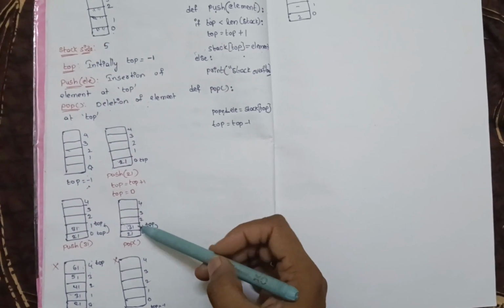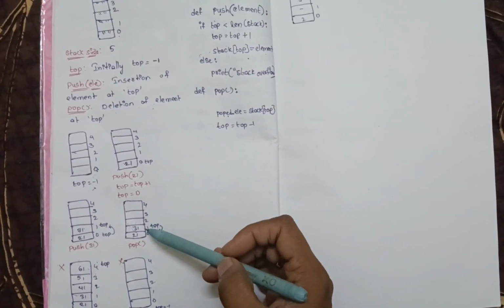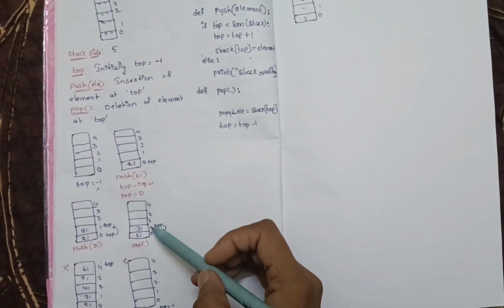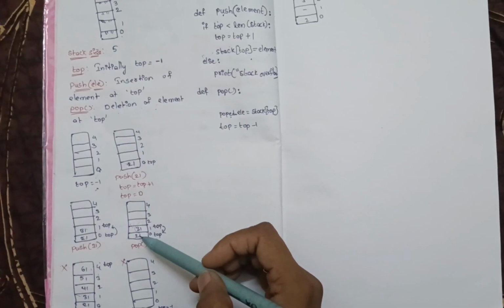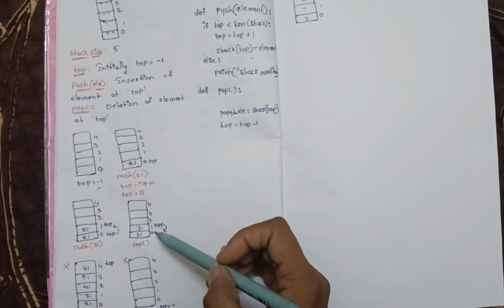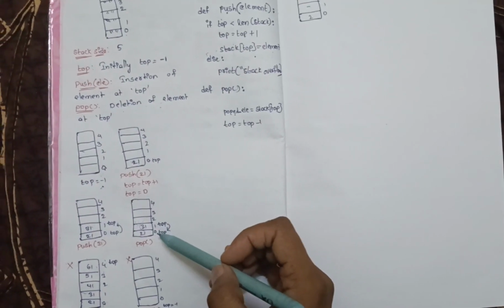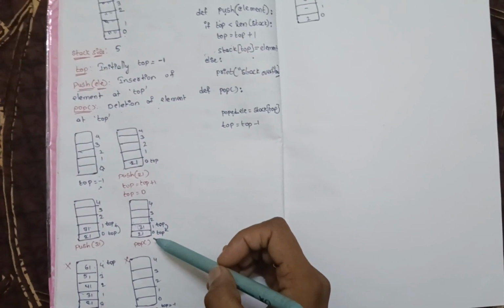We are just pretending; we are not literally deleting the element present at the first index. We are just saying that top is not the first indexed element, top is the 0th indexed element.